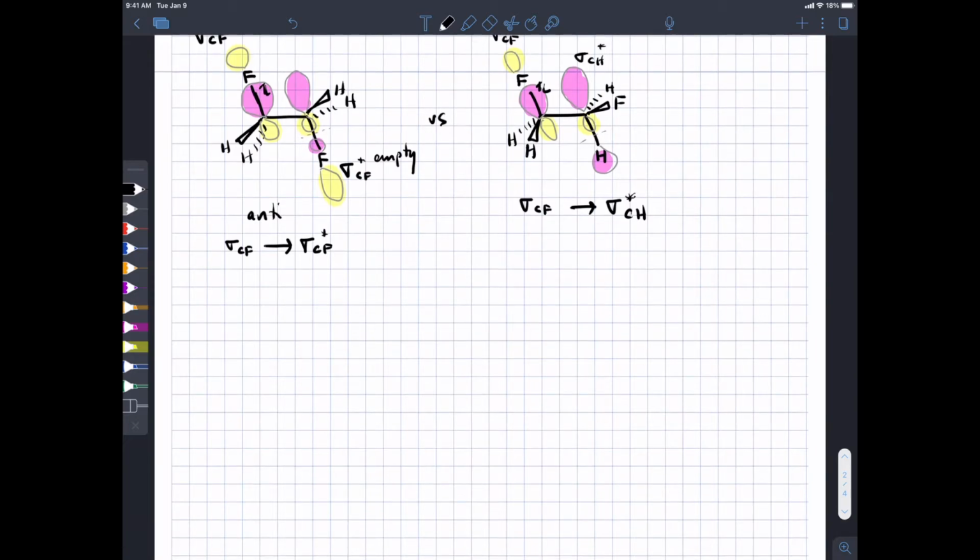Let's just compare two options. Carbon-fluorine sigma bonding orbital is going to mix with either a carbon... Did I go about this the wrong way?